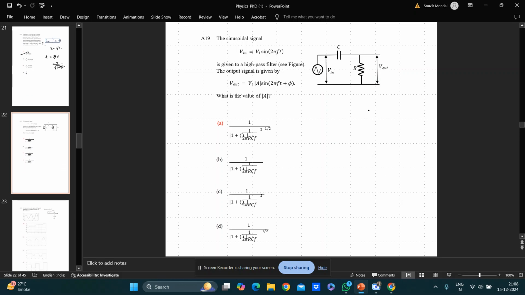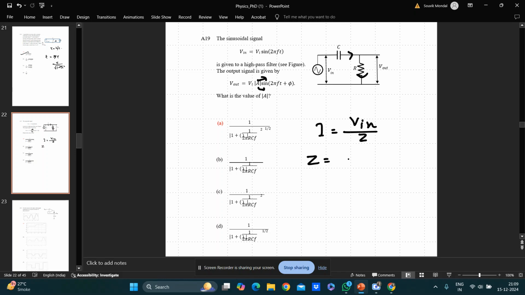Now this is another problem. They are asking what v out is, basically what factor should be multiplied in v out. If you think that current is flowing through this region, the current is simply v in divided by z, where z is the impedance of this device.